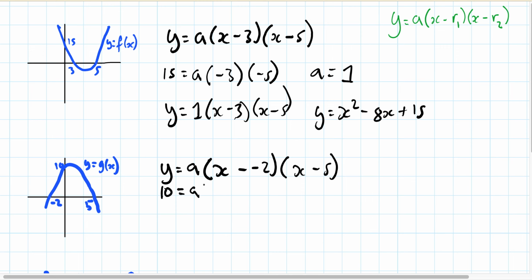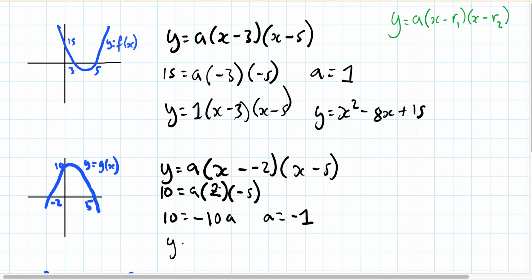So 0 minus 2 is just minus 2, times minus 5. So 10 equals minus 10a. So a is equal to minus 1. And you can see that by the shape of the graph, it's going to be a minus.